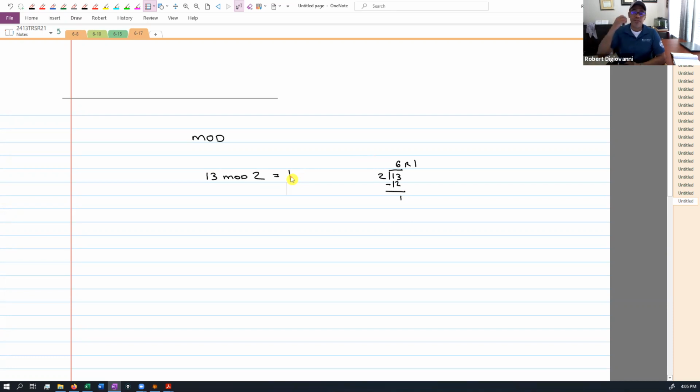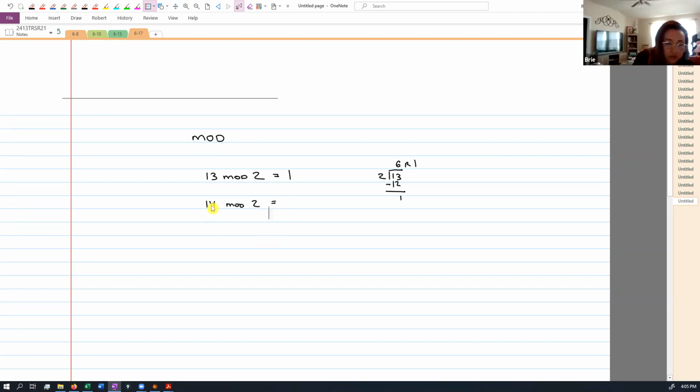The 1 is always the remainder that you get. So if I do 13 mod 2, I'm really saying to myself, what's the remainder when I take 13 and divide by 2? Let me give you another one. What's 14 mod 2? Take 14 divided by 2. How much do you have left over? 0. Let me give you another one. What's 13 mod 3?